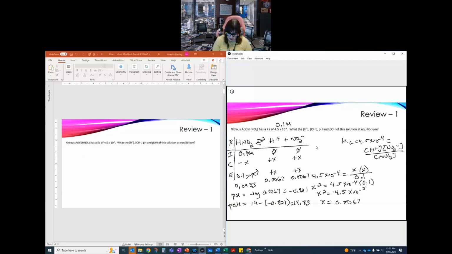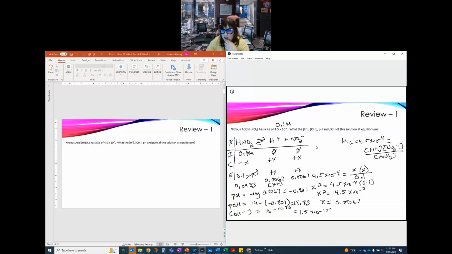So I have pH, pOH, H plus, and then my OH minus is going to equal 10 to the negative pOH, 10 to the negative 14.83, and that gives me 1.5 times 10 to the negative 15th. Okay, so that's how I would calculate all the concentrations that go with that.